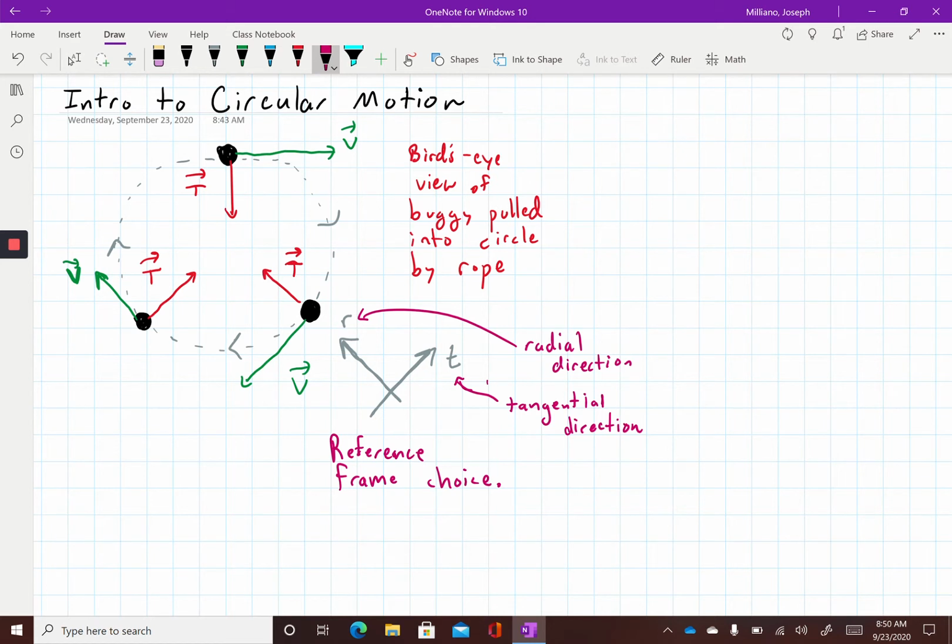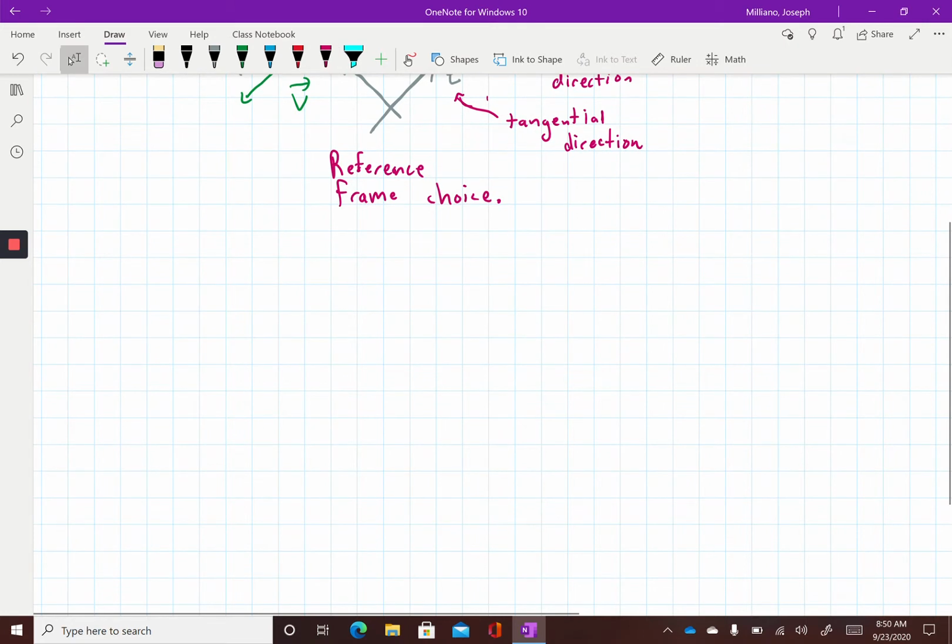Let's generalize the principle of the buggy now to something that's moving in a circle, just more generally. So I'm going to now scroll down, and let's state some facts.